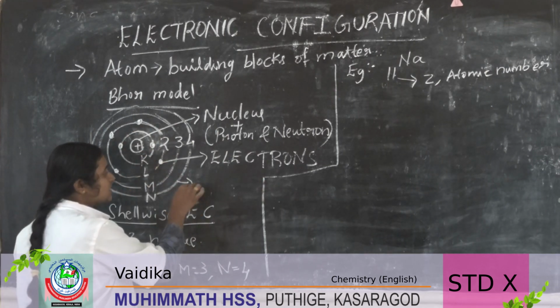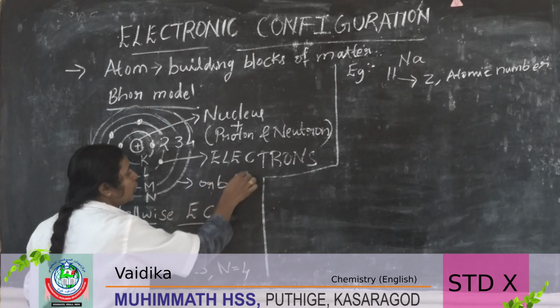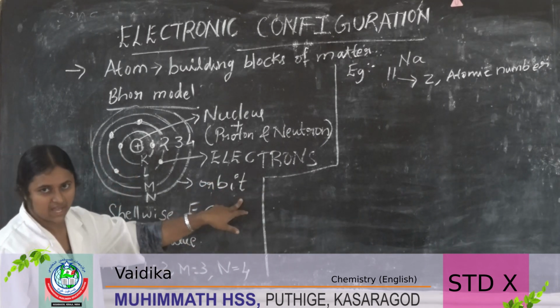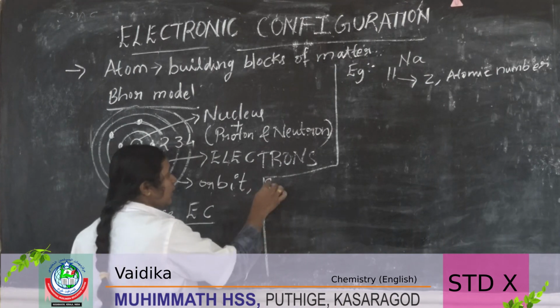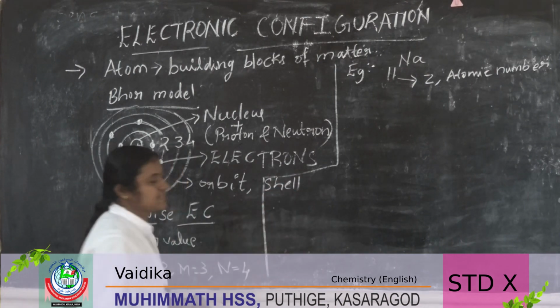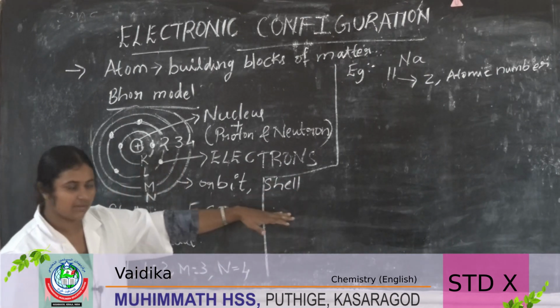That path is called an orbit, or a shell, or an energy level, or the main energy level.